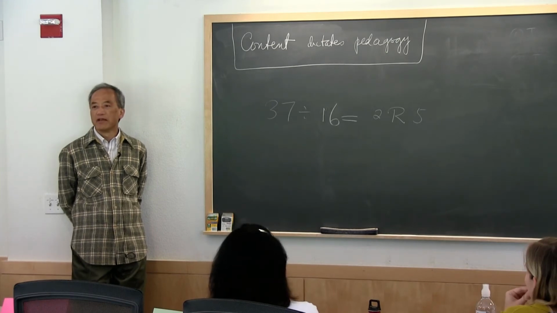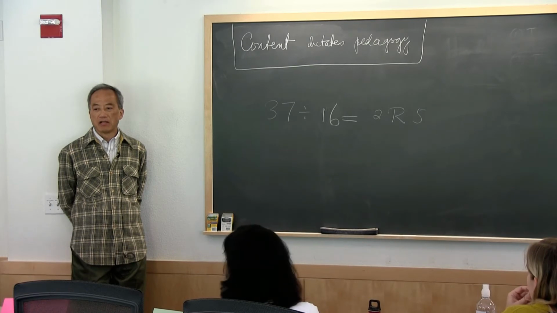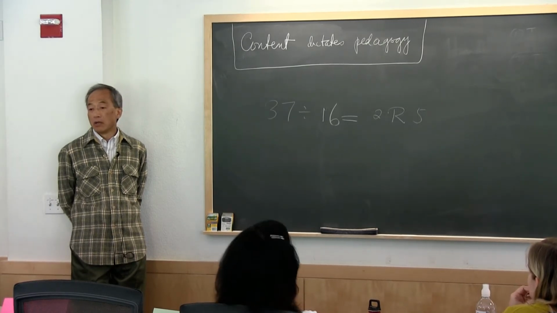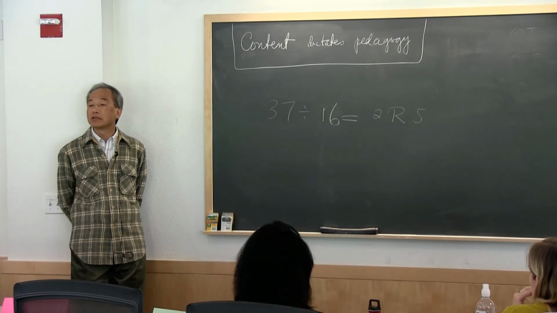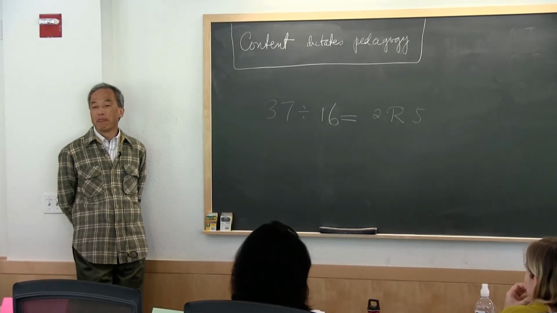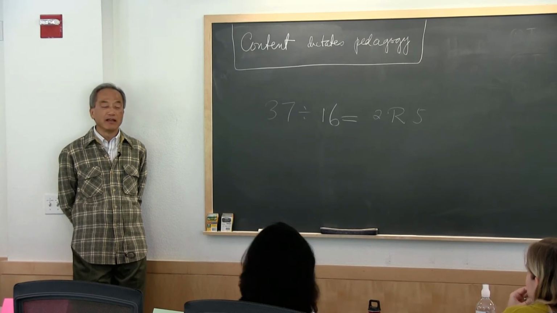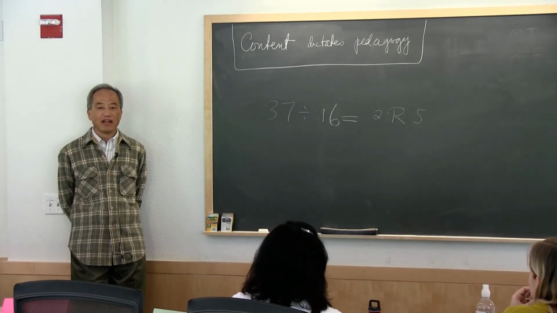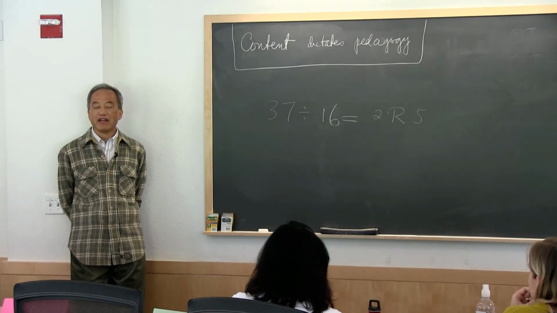Try harder. What's wrong with it in base 10 or in base 4? Alright, Priscilla? If you just look at 2R5, where is that on the number line?